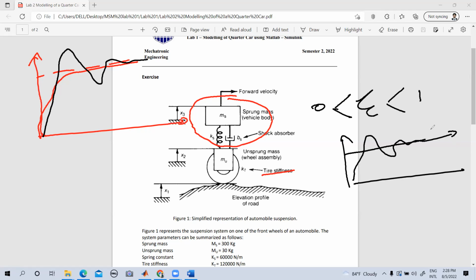What do you think you should do? What's lacking here? I'll ask someone. I'll ask Vijay. What do you think?